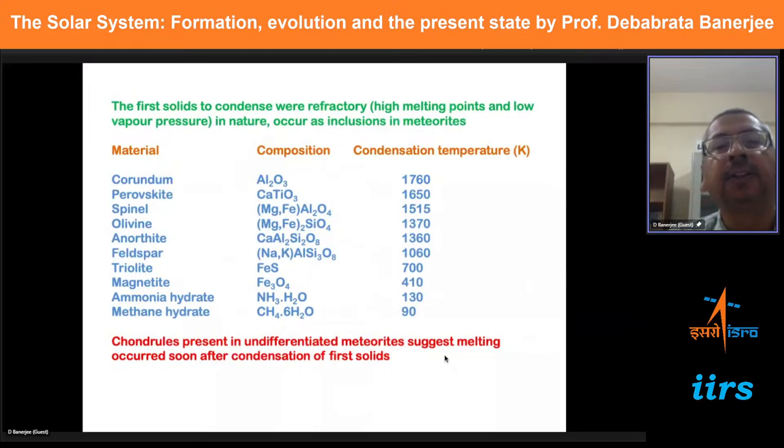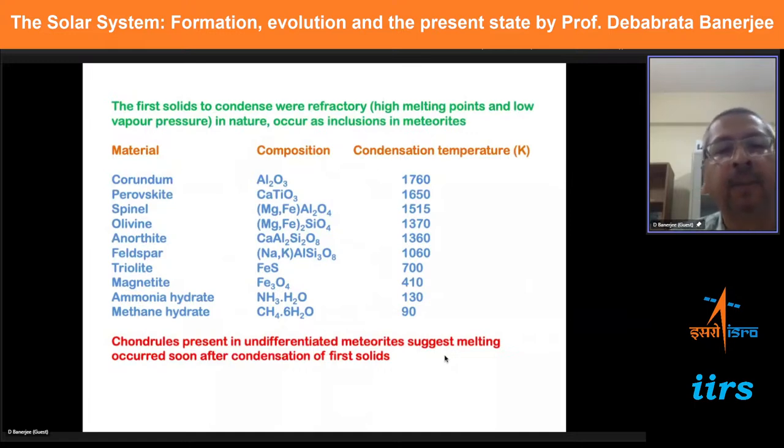And then the last part of the lecture will reflect on two relatively large objects in the inner solar system, Moon and Mars, and some exploration which has been done recently, particularly in the last 2 decades.